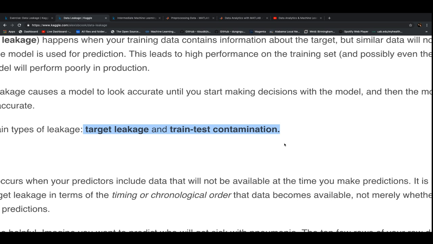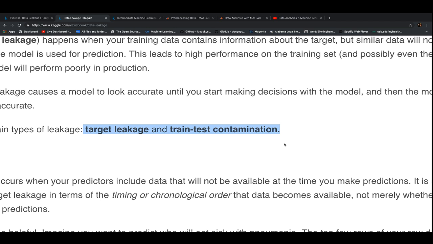Now, if you set up your training and test database and you have some of the same samples in both sets, that's this type of contamination. You can imagine if you're trying to teach a model to predict whether or not a picture is a picture of a dog or a cat, and you have some of your training samples in your testing database and you're overfitting, then you're not going to get a true picture of how well your model is doing because it will have just memorized those training samples.